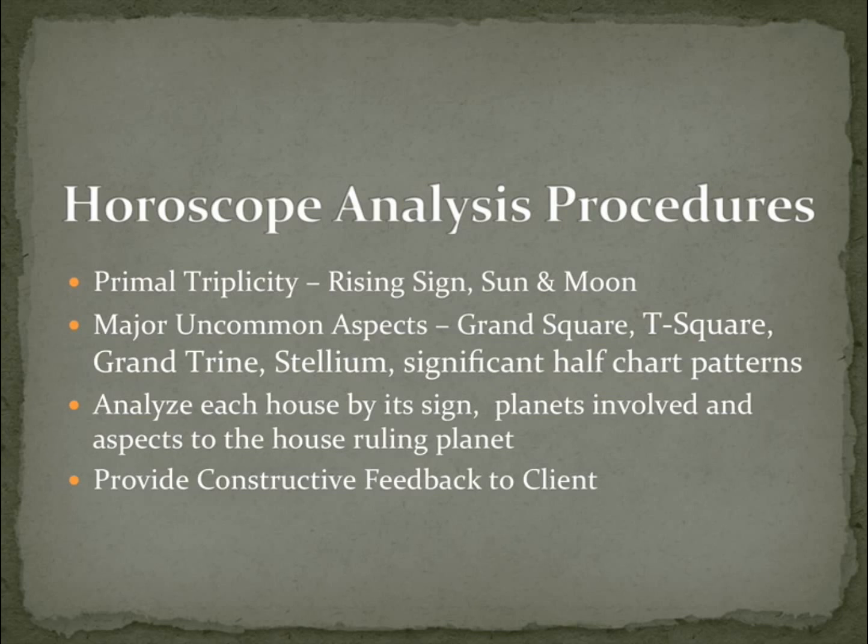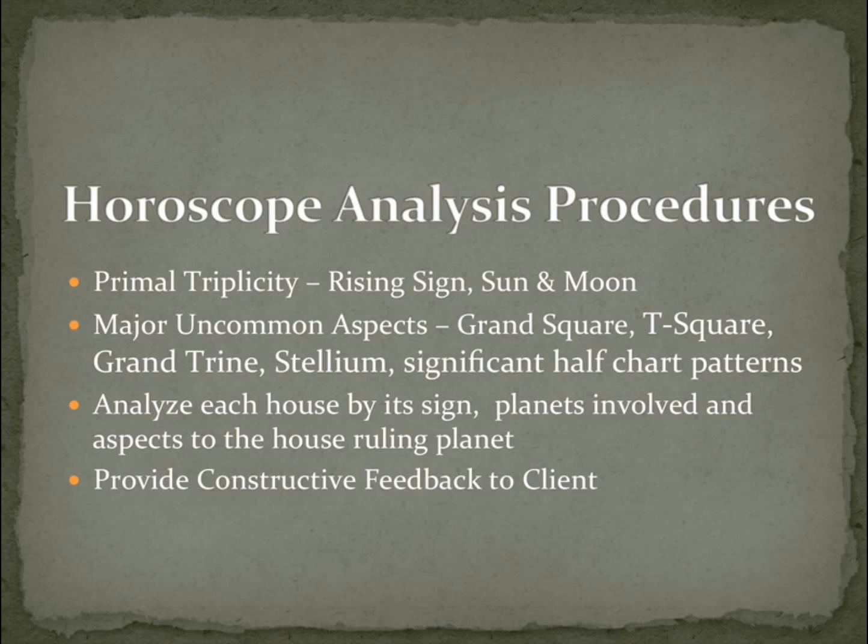The third component in the primal triplicity is the moon, which is a person's feelings and/or subconscious. Analyze it by sign, house placement, and any aspects it makes to other planets. Once you've completed this analysis, you should have a sound understanding of the person whose chart you're reading.